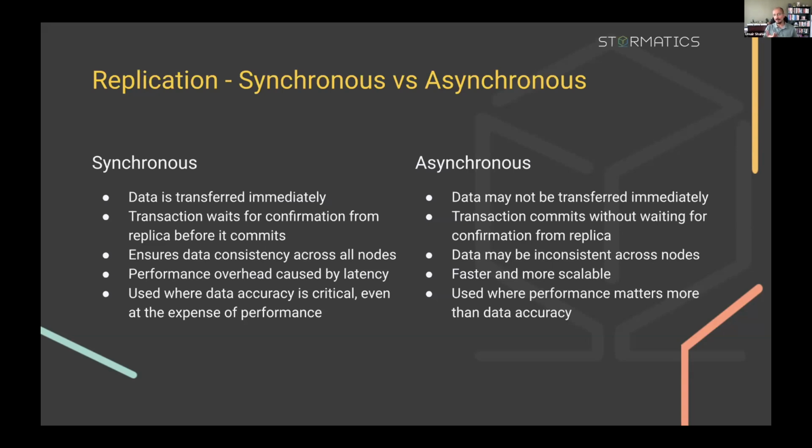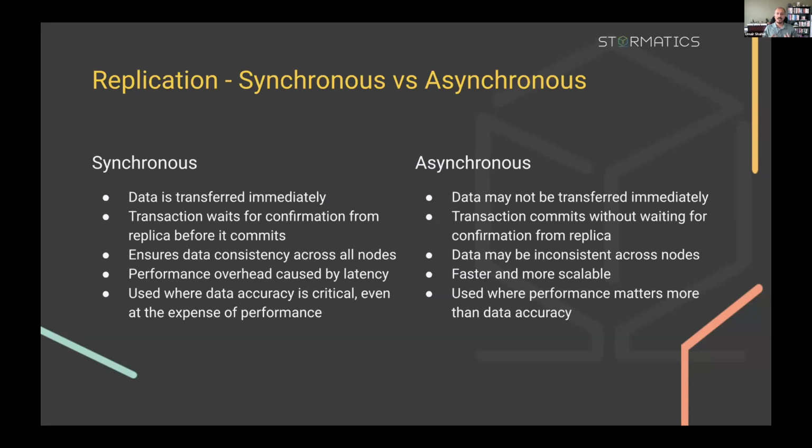Now, the flip side of that is that there is a chance that there is some delay in the data being consistently available across all nodes of the cluster because the primary will not wait for any acknowledgement from any of the standbys before it commits the transaction. So during the time it takes for the data to travel from the primary to a standby and get committed there, if you query the same data from the primary and from the standby, you have a chance of getting different results.